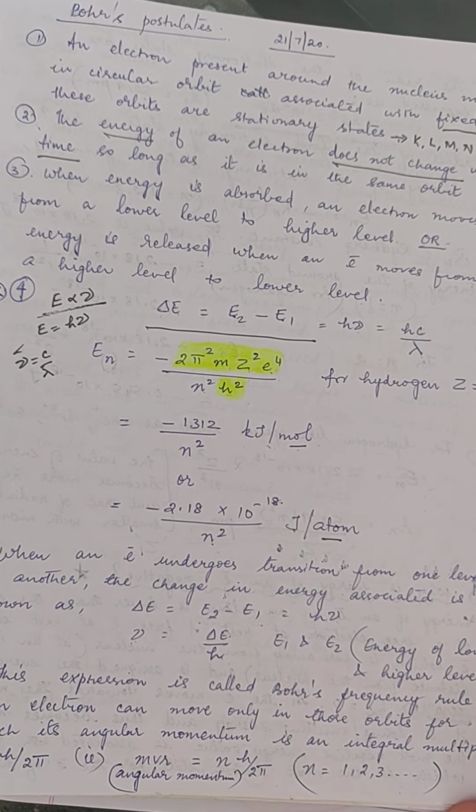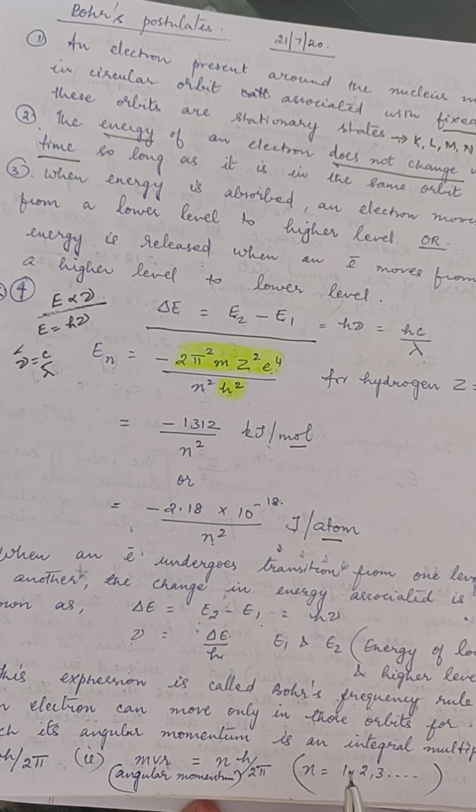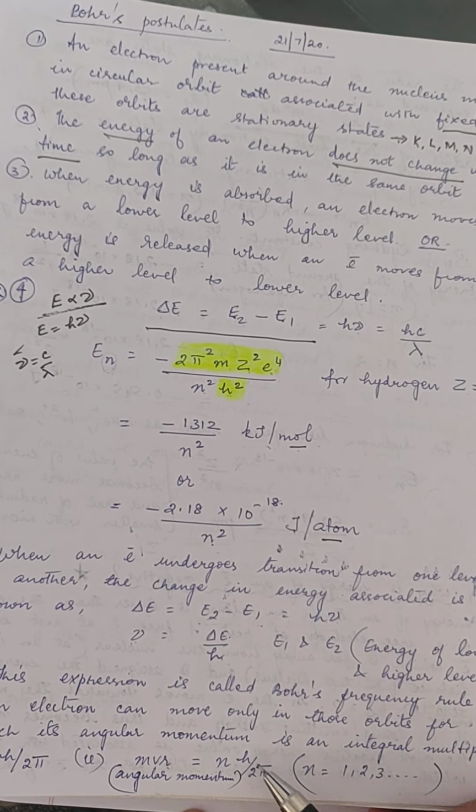Momentum is nothing but product of mass and velocity. Angular momentum is product of mass, velocity and radius of the orbit. So whenever you draw radius r, you find an angle subtending at the center. So mvr is equal to nh upon 2 pi.